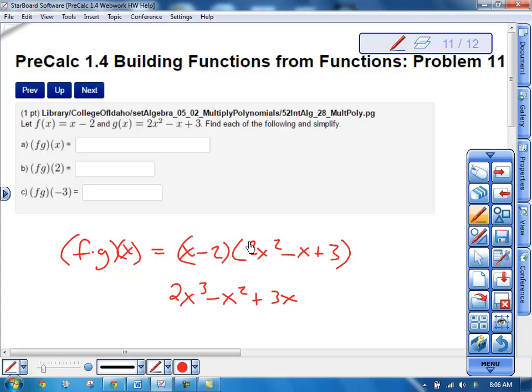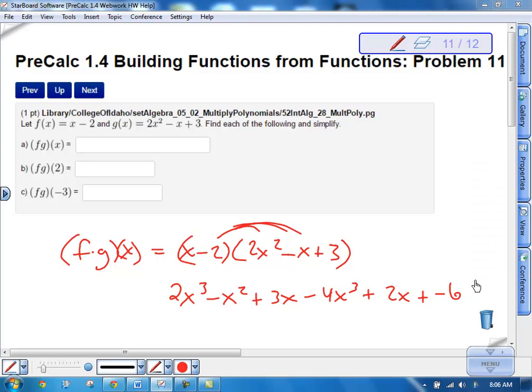And then distribute the negative 2. So it would be minus 4x cubed plus 2x plus negative 6. And we can try to simplify this a little bit by adding like terms together.